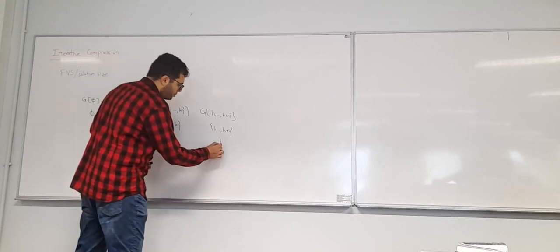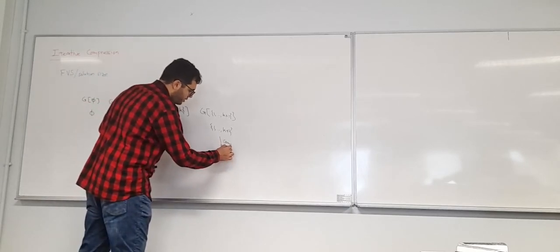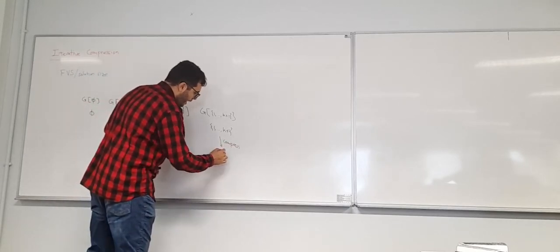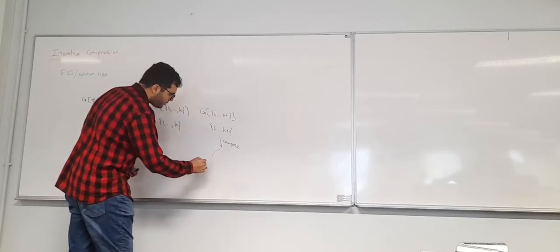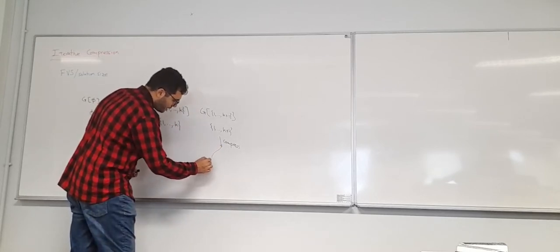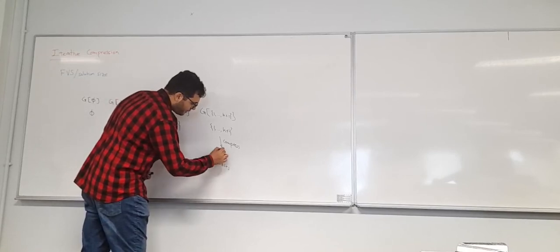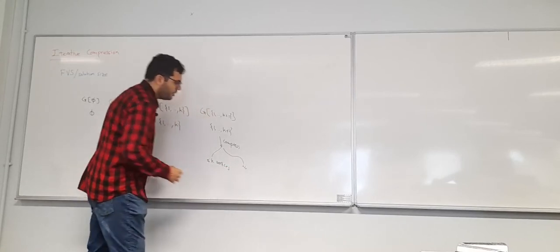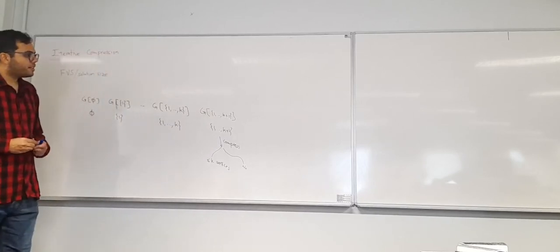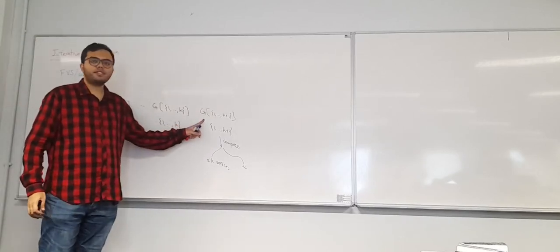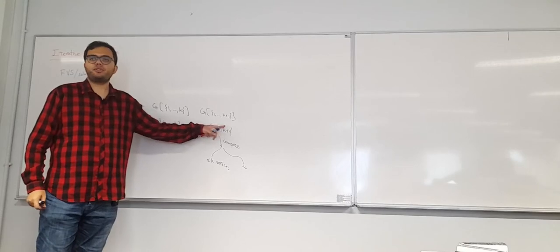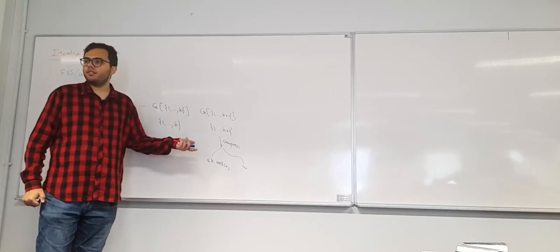So I do a compression here, and there are two cases. If it's successful, I get a solution with at most k vertices. And if it's not successful, I just return no. Because there is no way to remove k vertices even in this subgraph so that I don't have a cycle, right?